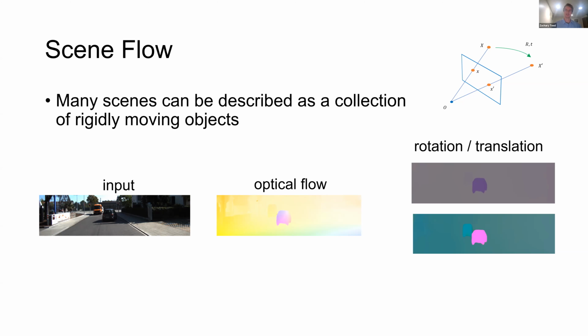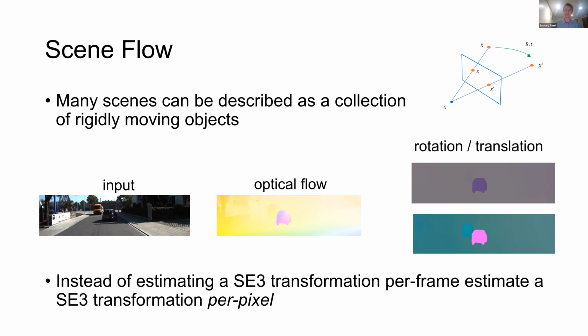If the scene consists of only rigidly moving objects, the optical flow field is going to be piecewise smooth, while this rotation translation field is going to be piecewise constant. So in the case of DROID-SLAM, we were estimating an SE3 transformation per frame. In the case of scene flow, we now want to estimate an SE3 transformation per pixel. So we want to recover these dense transformation fields shown to the right.